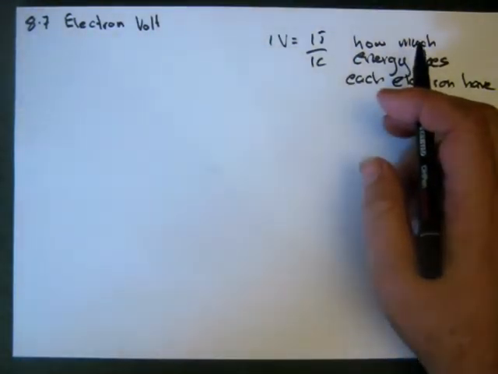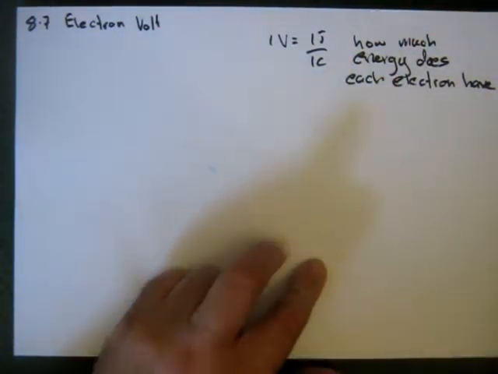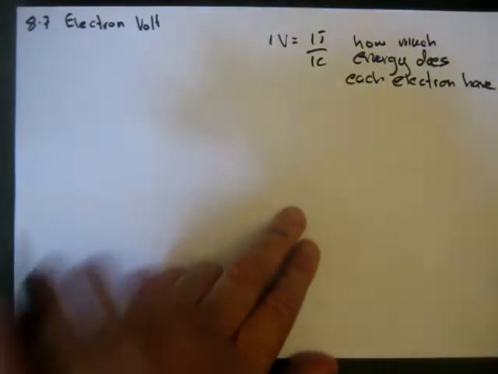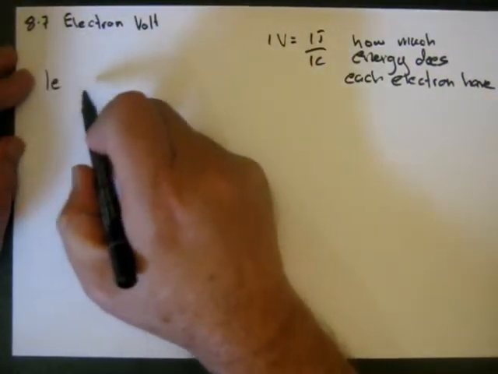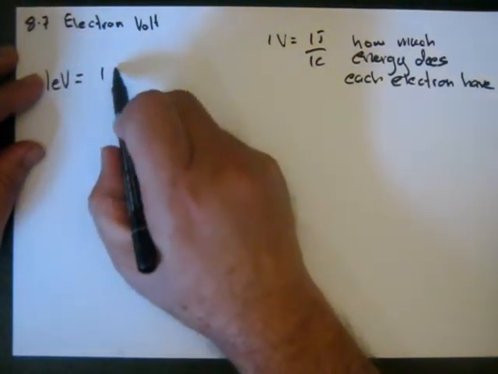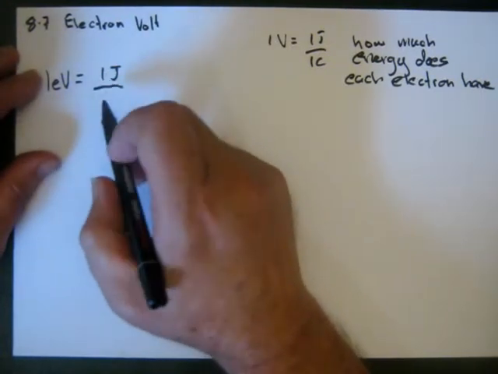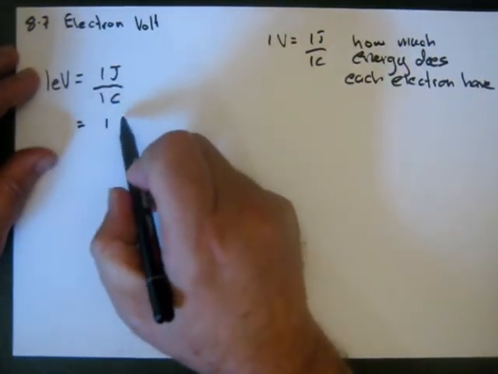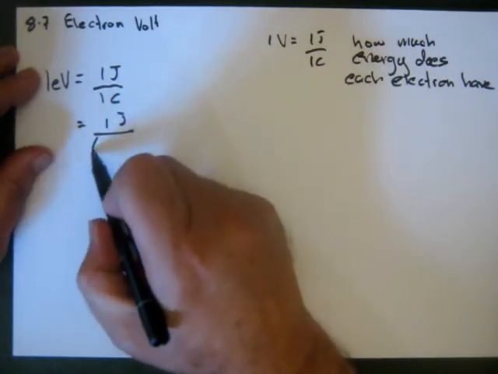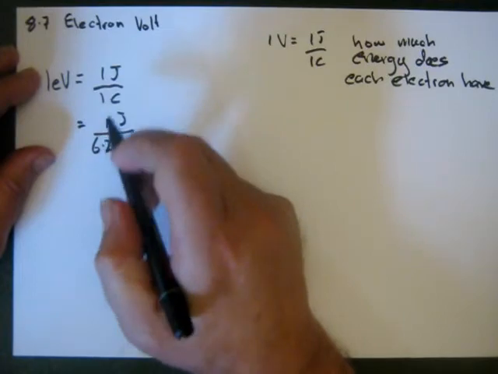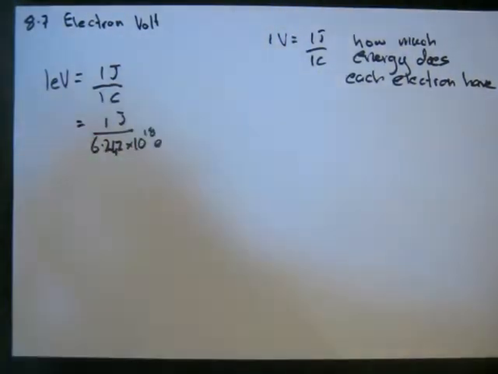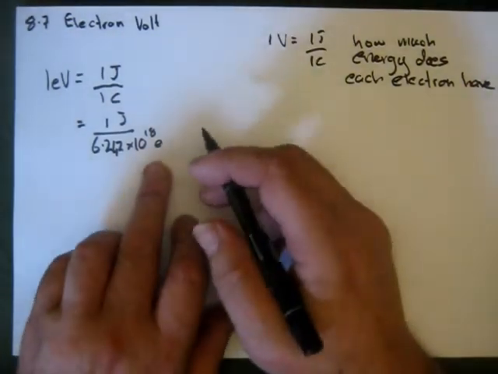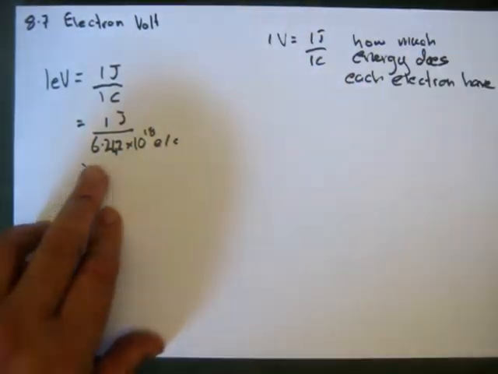What we'd actually do is take into account the number of electrons in a coulomb. So 1 electron volt equals 1 joule divided by 1 coulomb, which is equal to 1 joule divided by 6.242 times 10 to the 18 electrons, which are in a coulomb.